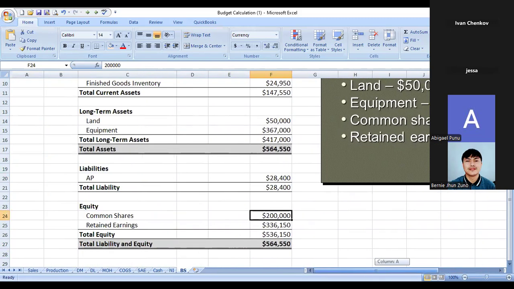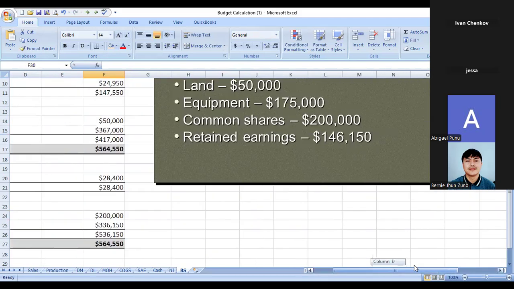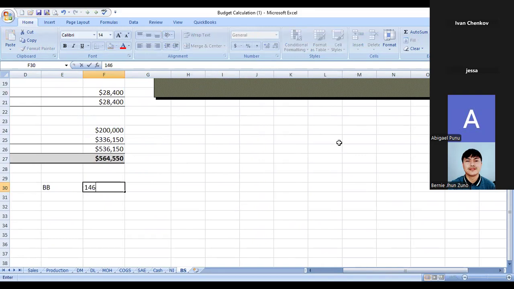And the last thing left is the retained earnings. For the retained earnings, we're going to get the beginning balance, which is right from here, $146,150.